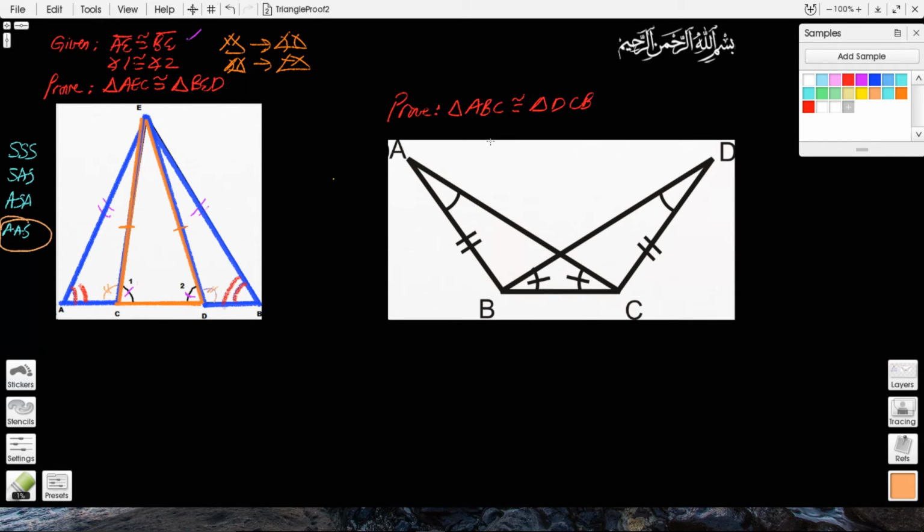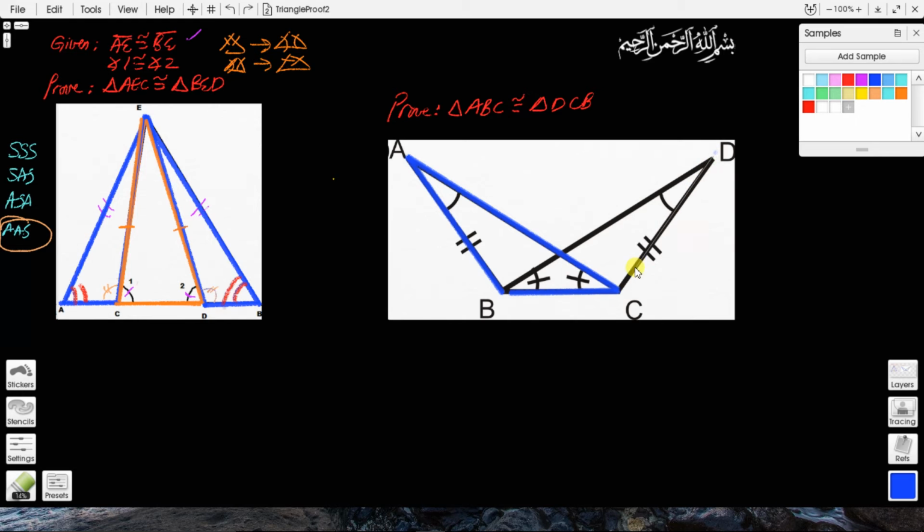This question says we are to prove triangle ABC. Let's try to draw these out so we can see what we are up against. We are to prove that triangle ABC is congruent to triangle DCB.